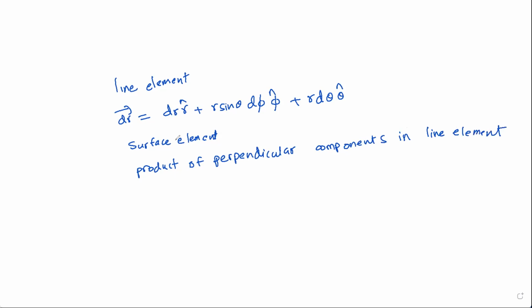The perpendicular components in the line element are dr, r sine theta d phi, and r d theta, right? So therefore, three surface elements we can define.